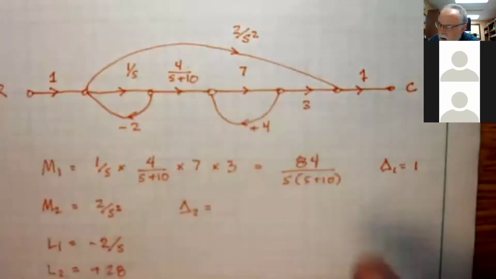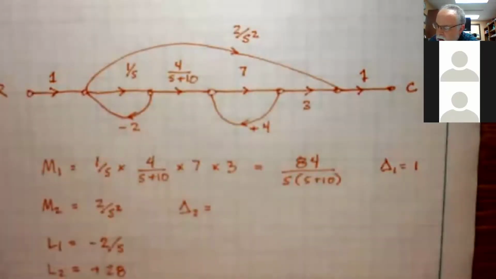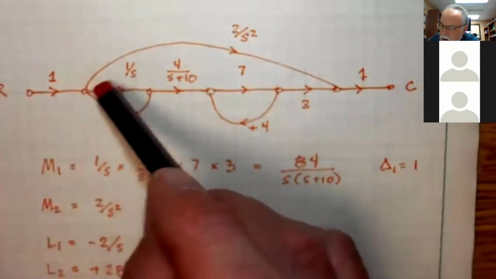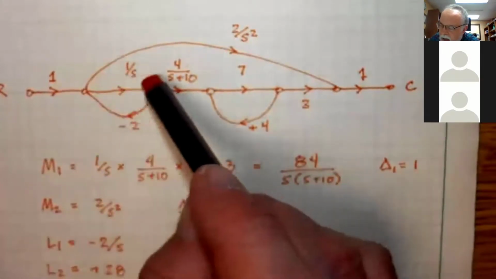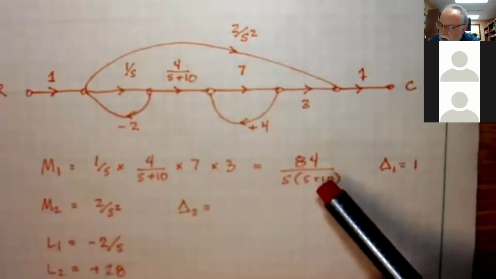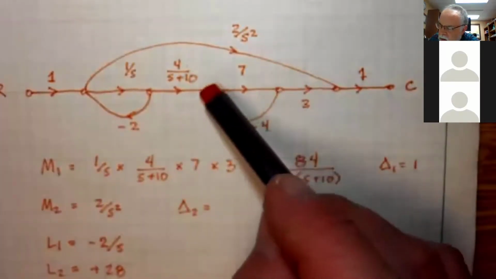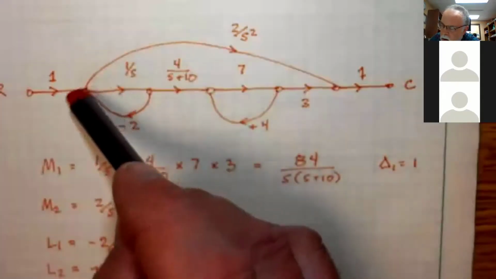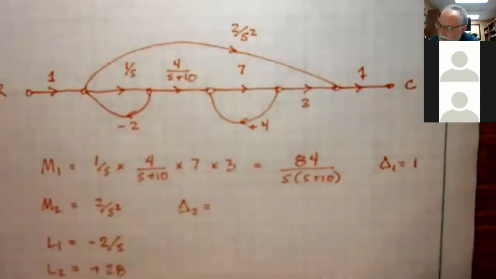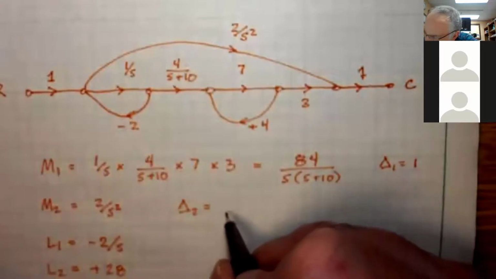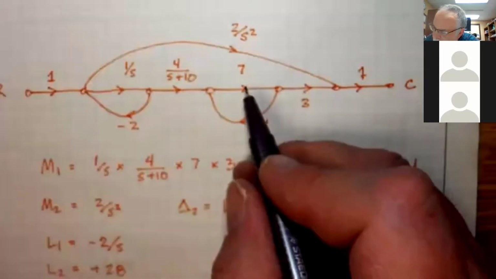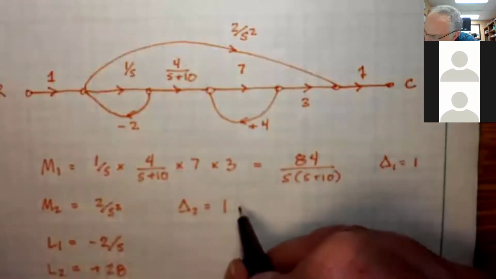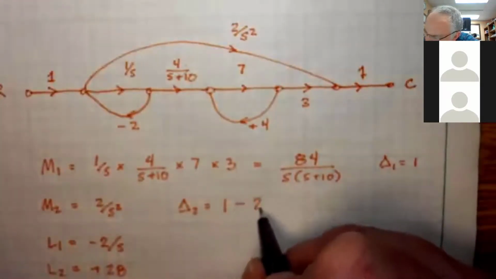This guy in the middle, right? Since they took out this node, this path doesn't exist anymore. But these two nodes aren't affected if I take out the second forward path. So I've got 1, and now this loop gain is positive 28. So 1 minus 28.